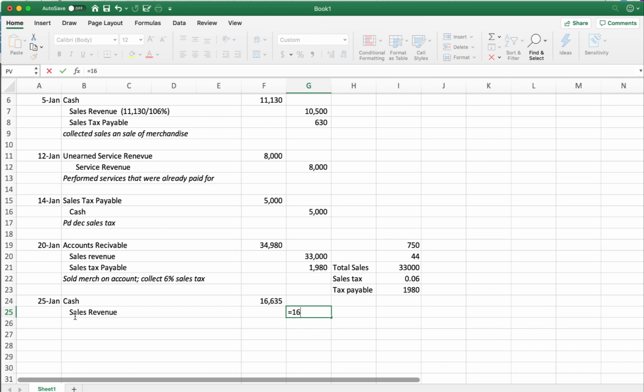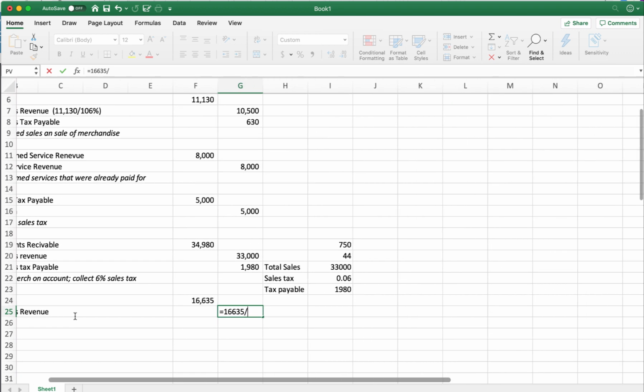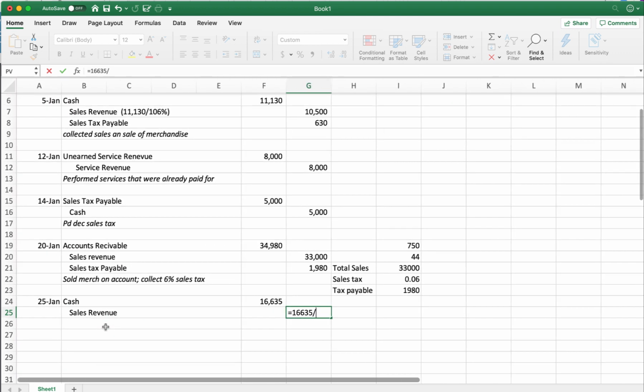Well, I know that the total cash I received was $16,635. I can divide that by 106%. I get $15,693. That is the amount of my sales.